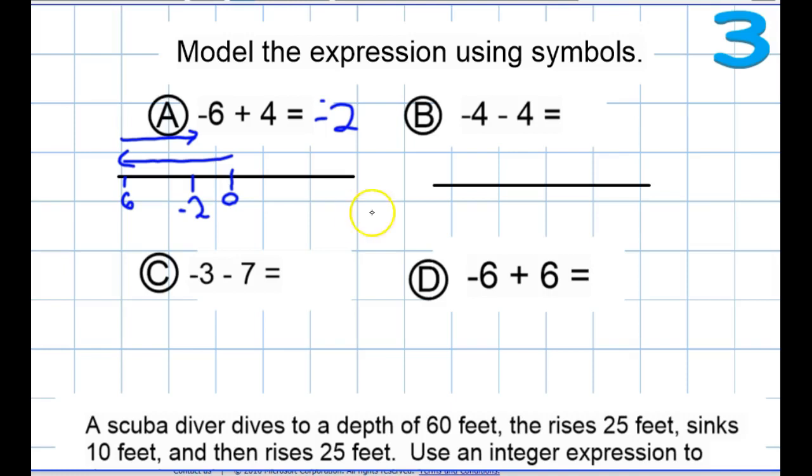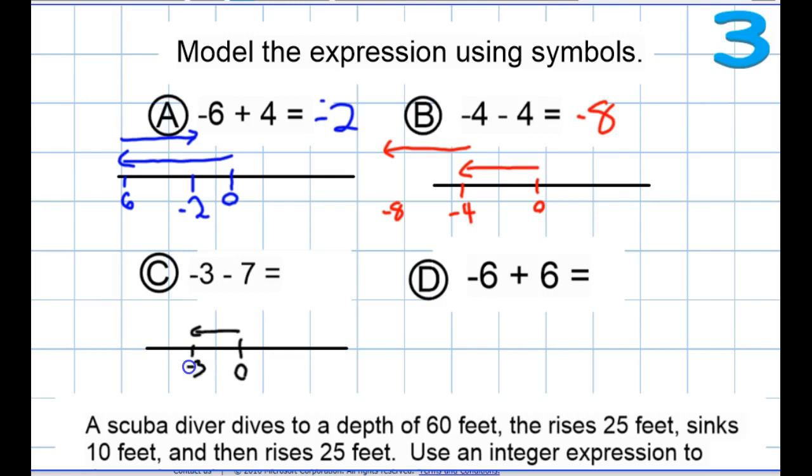Alright, so this one we'll start at 0, and we'll go back -4. Now it says we're also going back 4 more. So we're going to go back -4 more. So this will put us at -8. And down here, we start at 0. We go back -3.